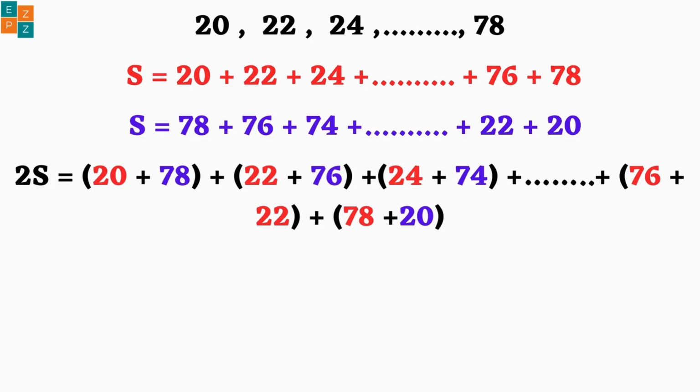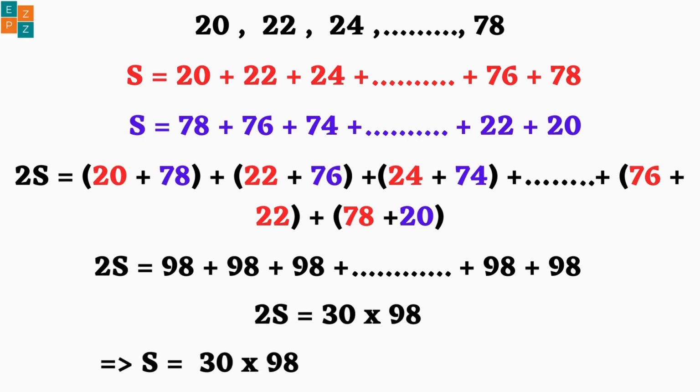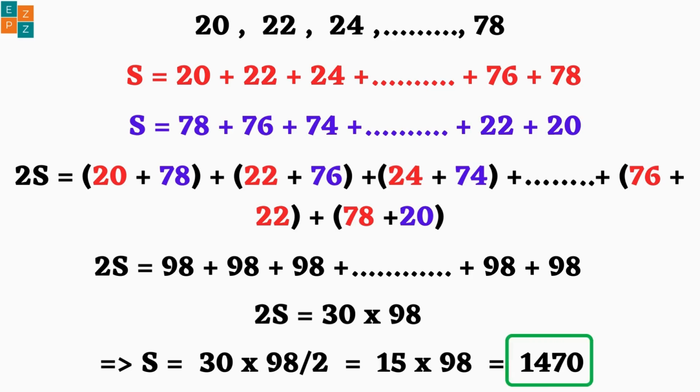Therefore, we can write it down as 2S equal to 98 plus 98 plus 98 and so on till 98. Since there are 30 rows, there would be 30 pairs of 98. Therefore, 2S is equal to 30 times 98, which implies S equals 30 times 98 divided by 2, which is equal to 15 times 98, which is equal to 1470. Therefore, the total number of seats in the theater is 1470.